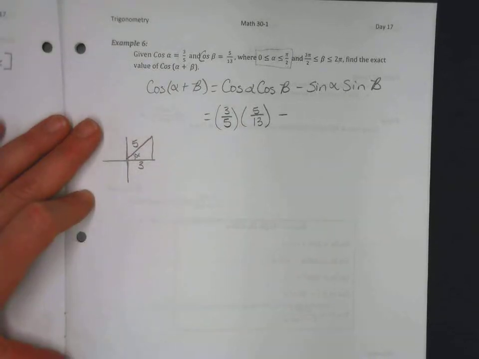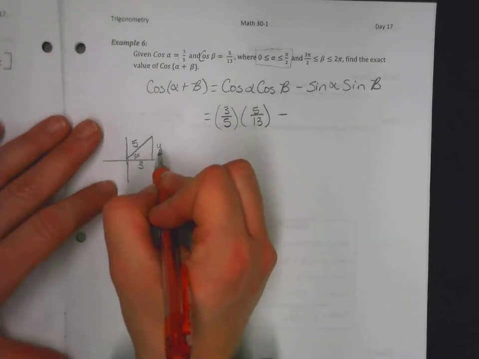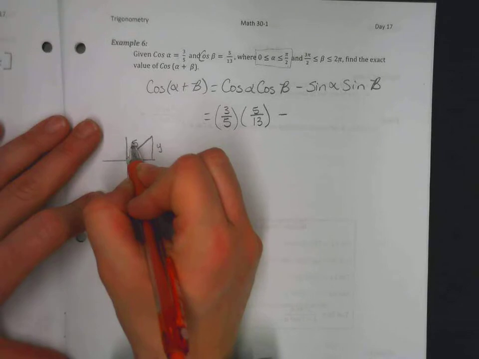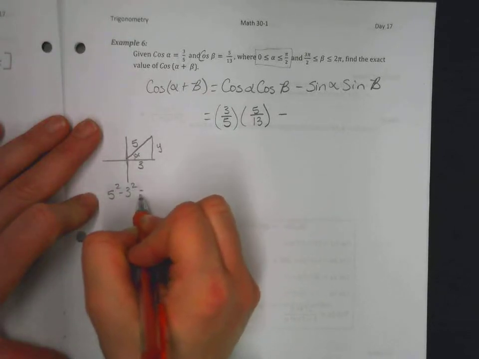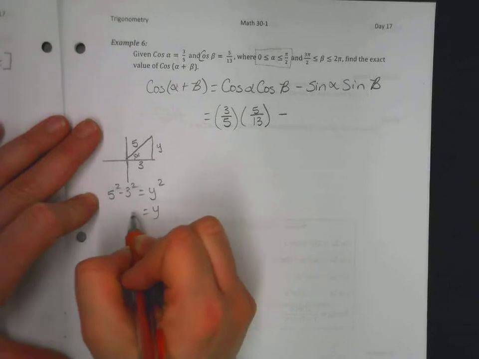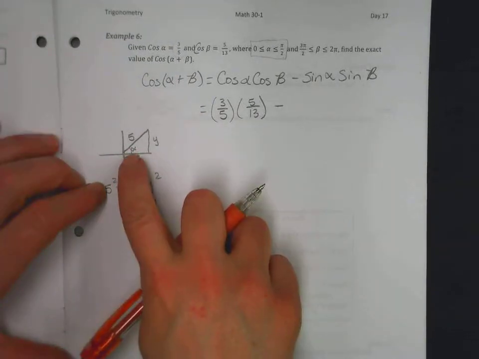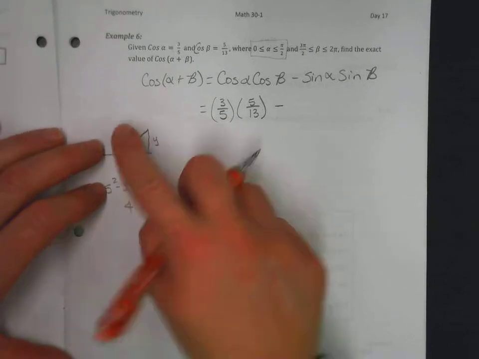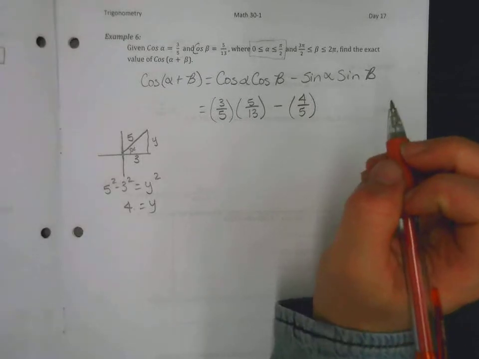So I'm just using simple SOHCAHTOA here. And then my sine ratio would be opposite over hypotenuse. So I'd have to use Pythagoras to find my y value. So I get a value of 4. So that means sine of alpha would be 4 over 5. So I can replace that with that ratio.